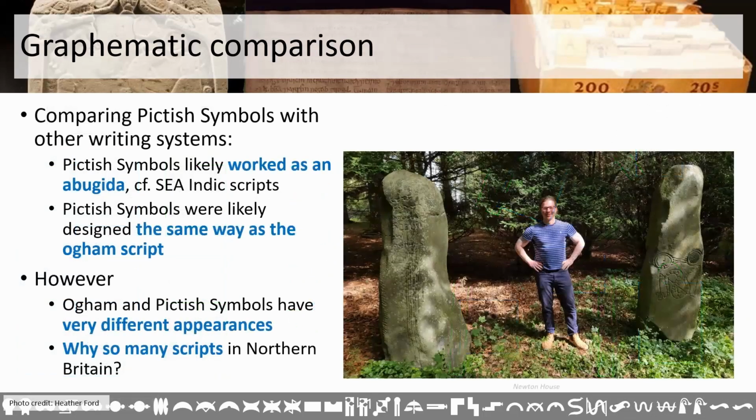Okay, so what we've seen is this hypothesis that Pictish symbols worked as an alphasyllabic abugida, and that they were designed the same way as the Ogham script. But I think you'll agree that Ogham and Pictish symbols have very different visual appearances.